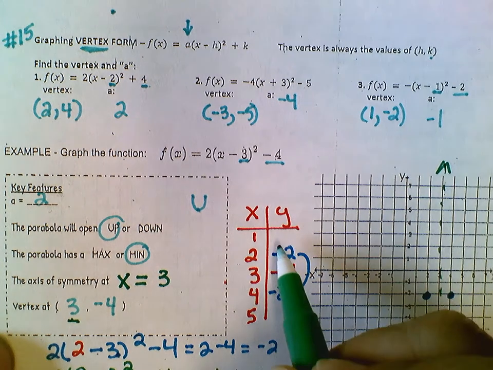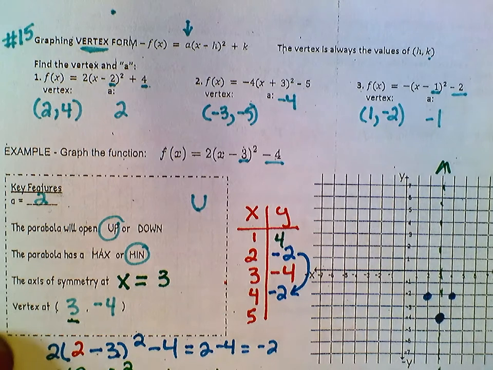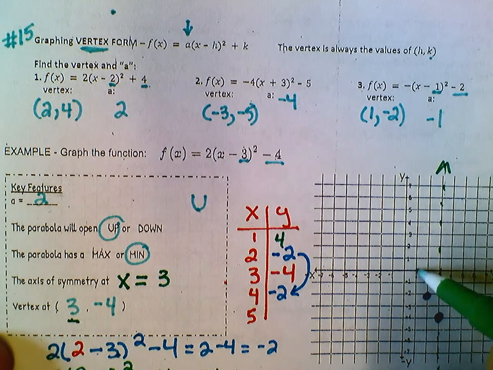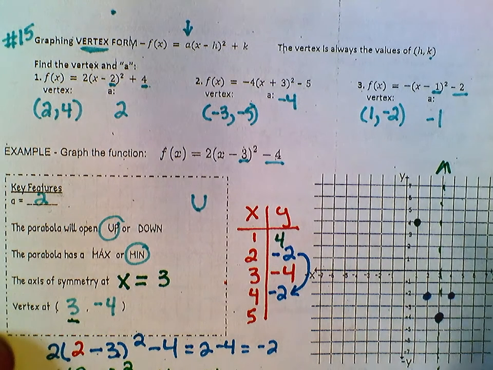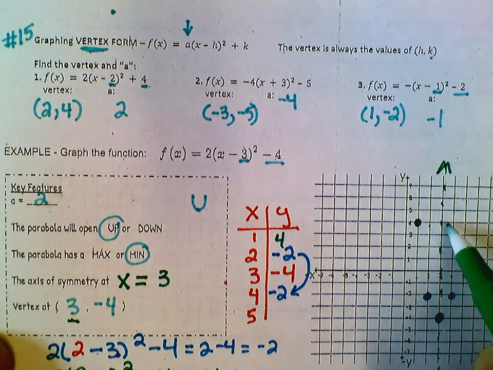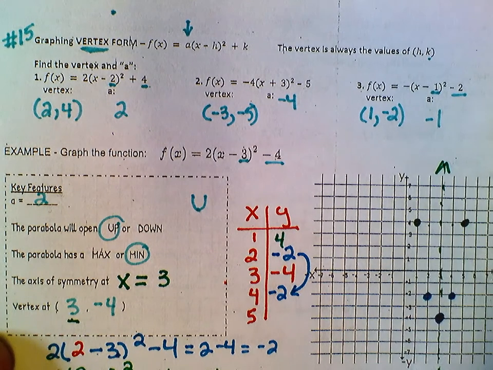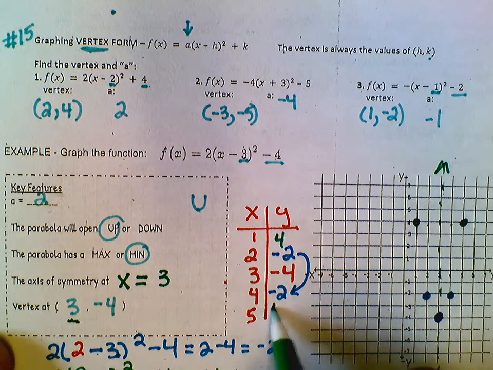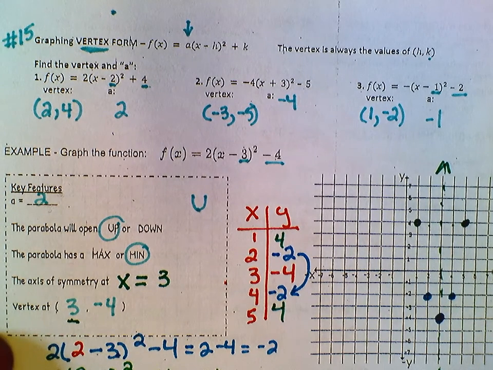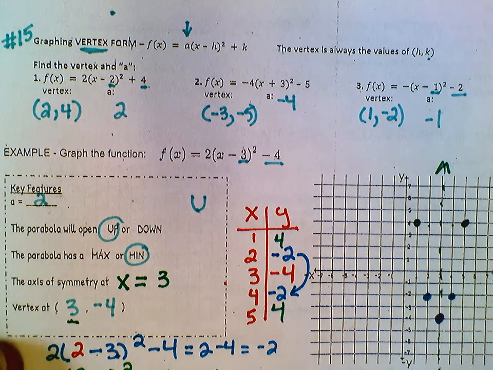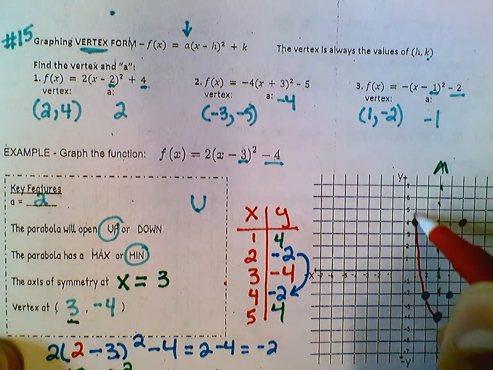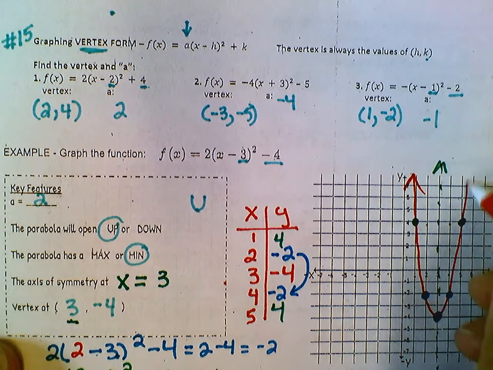So I substituted 1 and I got 4. If I go to 1, 4, that's my next point. And if I count 2 spaces to the other side of the axis of symmetry, then I've cut my work in half for getting that parabola. So what does it look like? It looks like this.